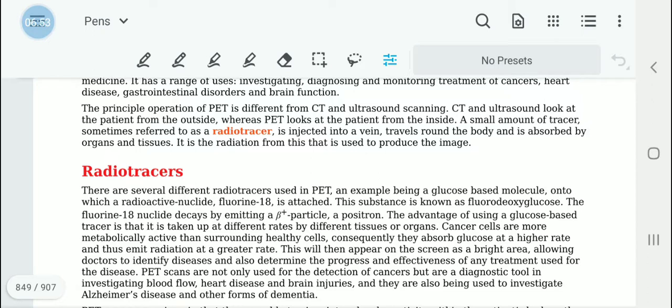The radiation released by this radio tracer would be used to produce the image.